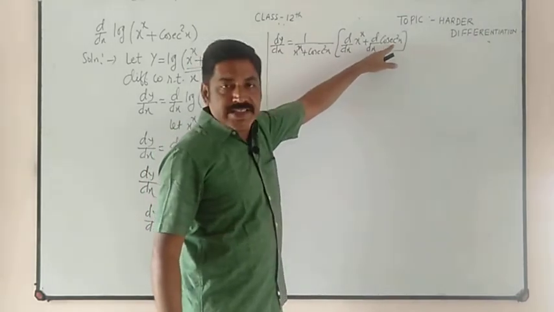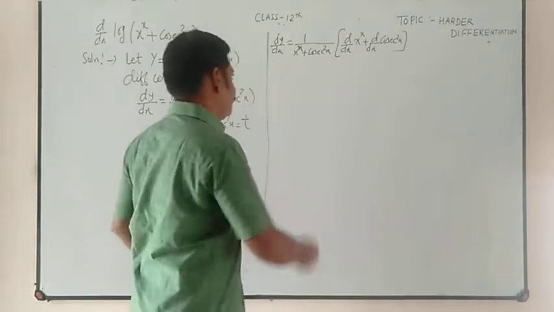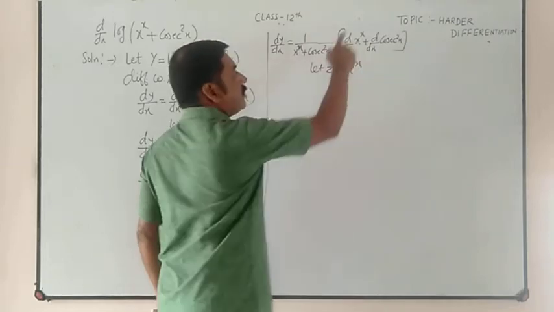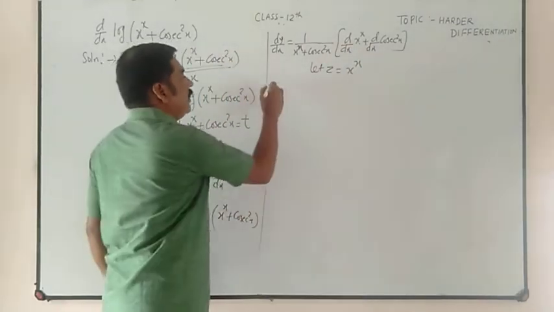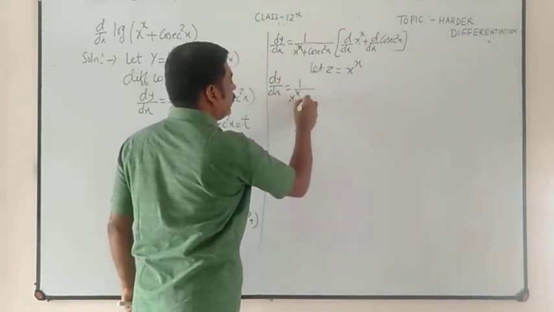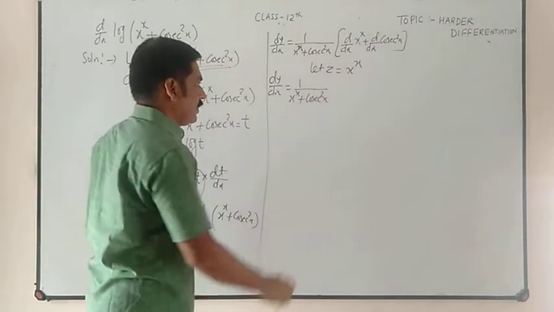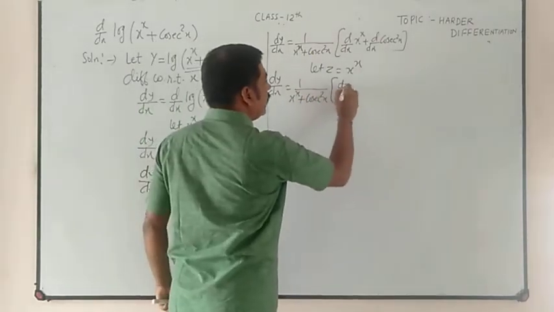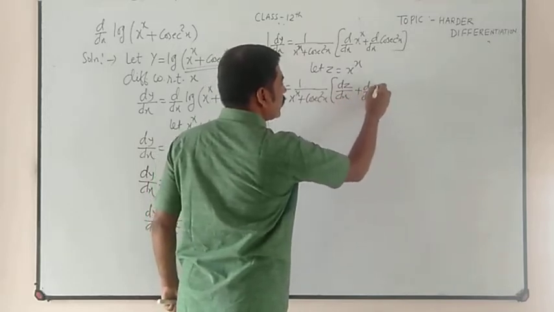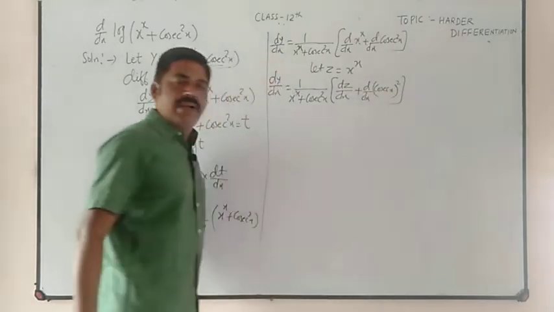Now cosec square x means cosec x whole square. So let z is equal to x raised to x. So dy by dx is equal to 1 upon x raised to x plus cosec square x in bracket dz upon dx plus, and write cosec square x as cosec x whole square.